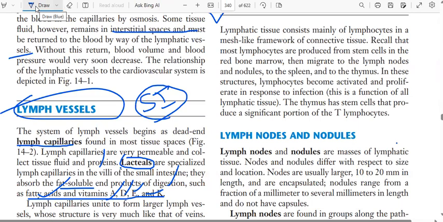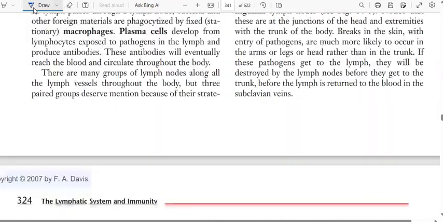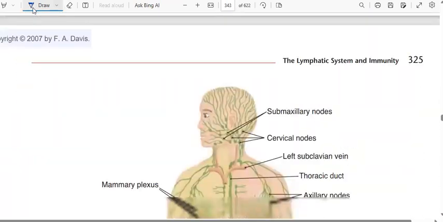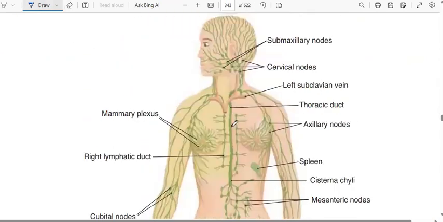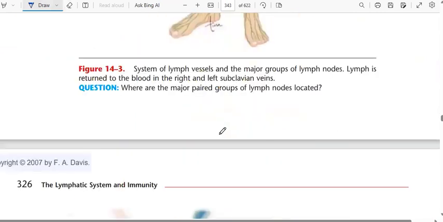The second thing is the thymus. We will see the location. You can see the thymus here, and the spleen is here. This area has the thymus, a small gland.